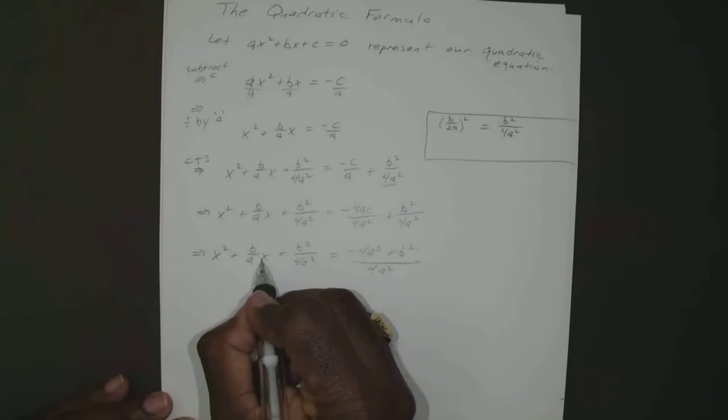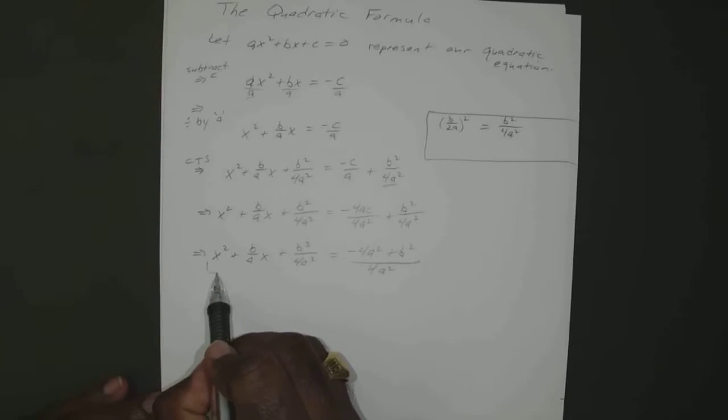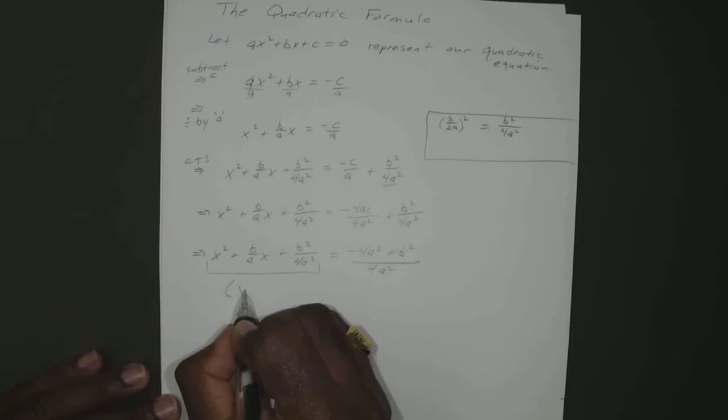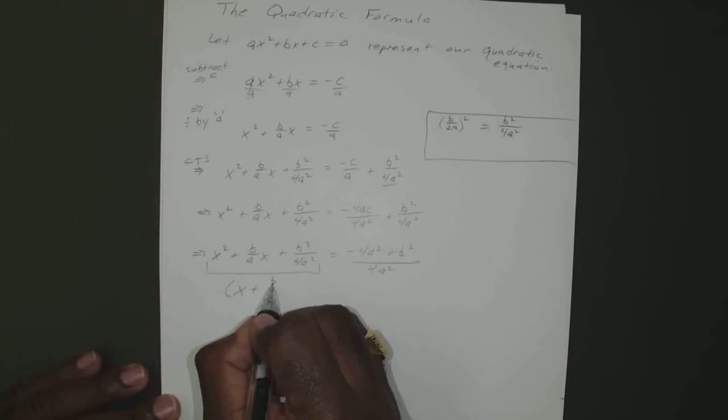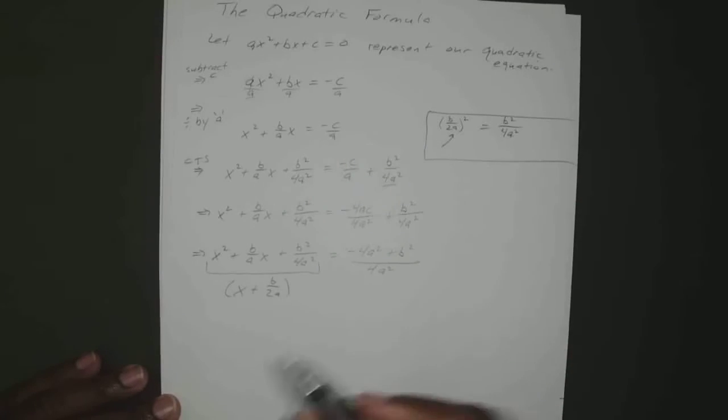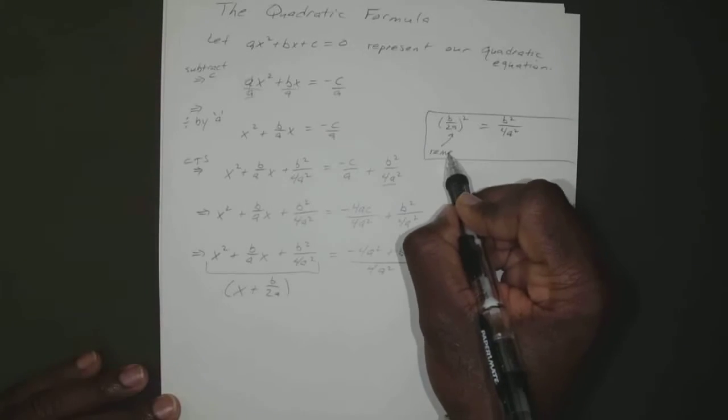Okay, so just like before, once you complete the square, it turns that into a perfect square trinomial. So this side just becomes x plus b divided by 2a, because we didn't plug anything in here, so that's really the only value we have to remember.